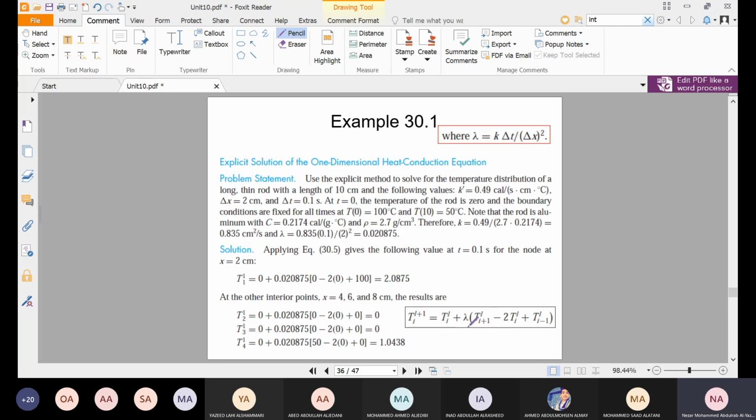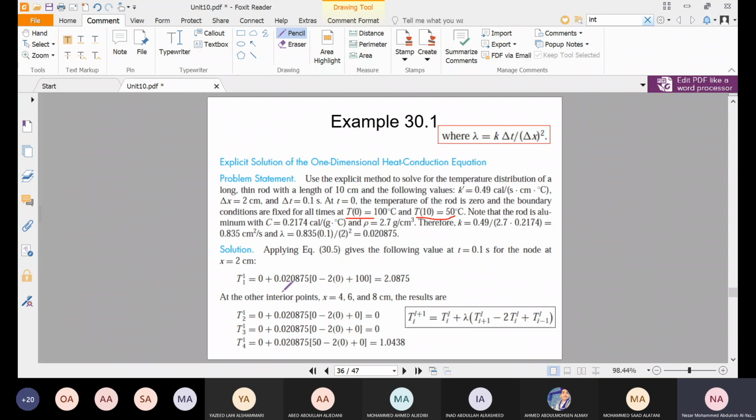So by giving the value of lambda, if you want to compute the temperature at these nodes, we start with the inner nodes. We have the boundaries. For example, the temperature at T0 is defined or fixed, and the temperature at T10, the other side of the boundary, is also defined or fixed. After that, we can compute the temperature of the inner nodes.